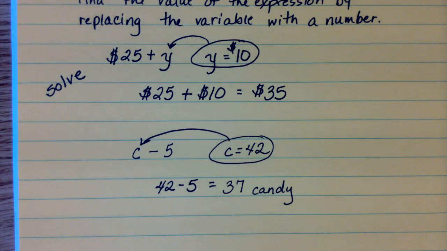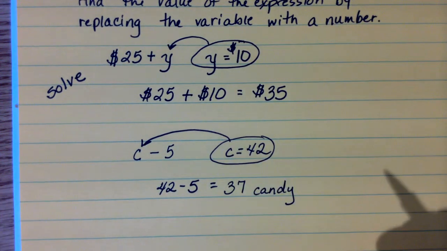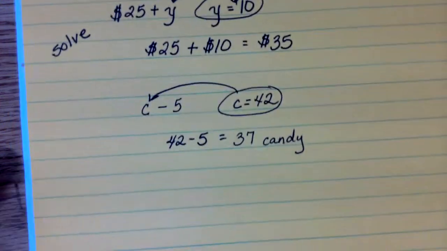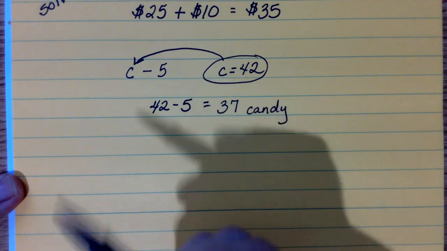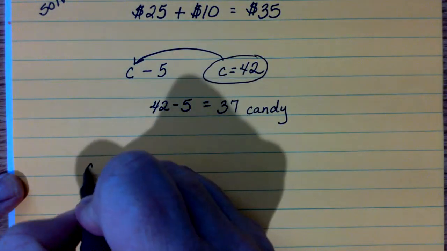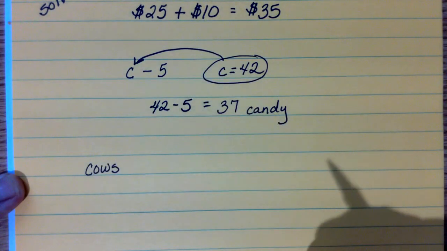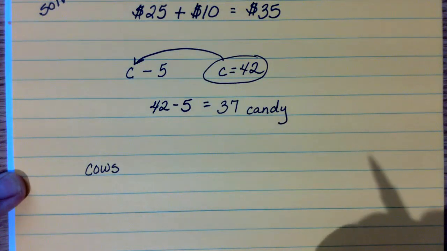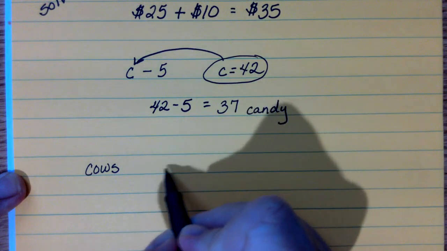All right, so let's see. I said we would do one for each. Let's say we had a certain number of cows and we had 4 ranchers. Each of our ranchers is going to get the same number of cows.